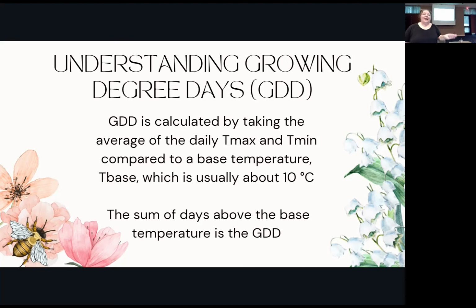There are growing degree day calculations for every plant out there. There are charts that will tell you that these plants grow in this temperature range, and this is how they're affected by the accumulation of that temperature. And you can use this calculation to figure that out.